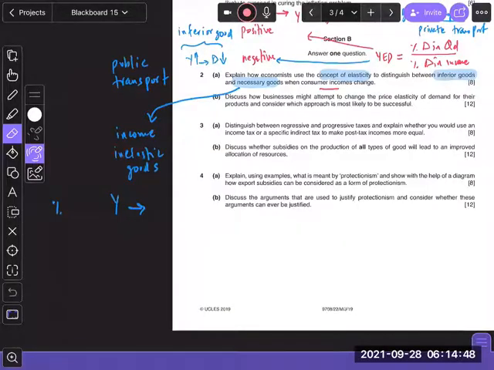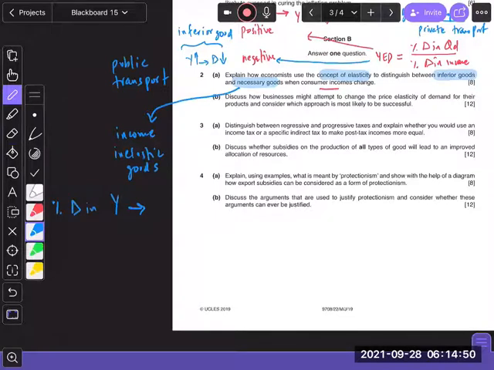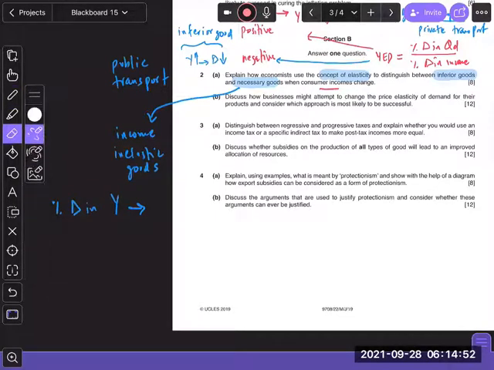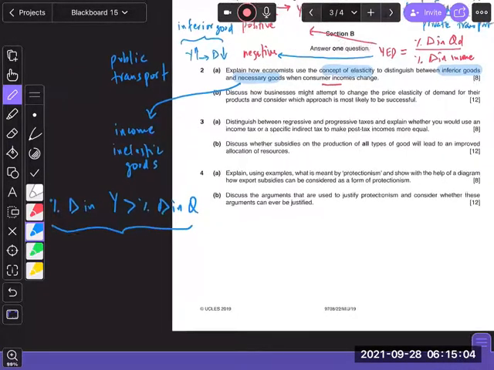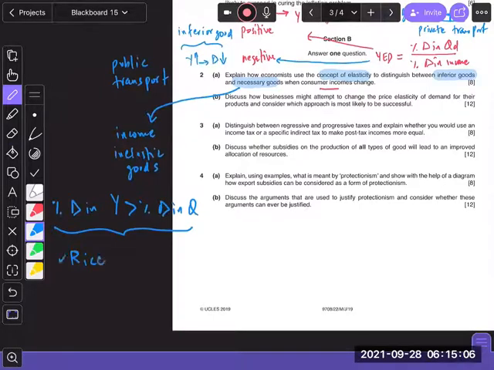So yeah, we can say this percentage change in income will be greater than percentage change in quantity, which means that it is not that responsive to a change in quantity. Example, somebody gave a very good example, rice or bread are what we call income inelastic, because despite any change in income, you won't see the demand change that much.